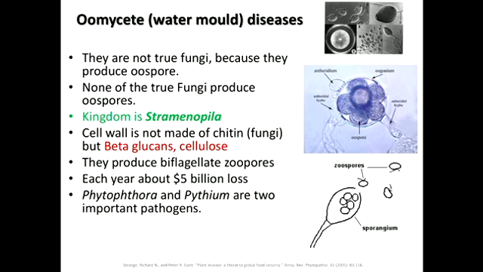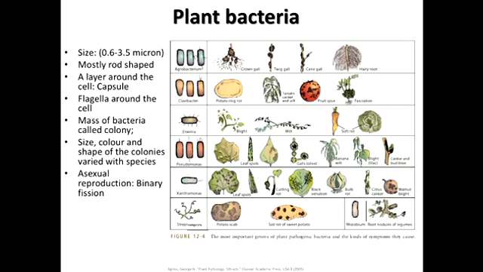And plant bacteria, I told you that most of the plant bacteria are rod-shaped and single-celled, and you can see that most of the plant bacteria are flagellated. There are a lot of flagella, maybe unipolar or multipolar, and only one group is separate, the Streptomyces, which has a different structure than the other plant bacterial groups.